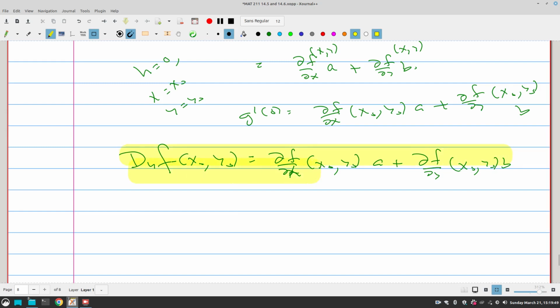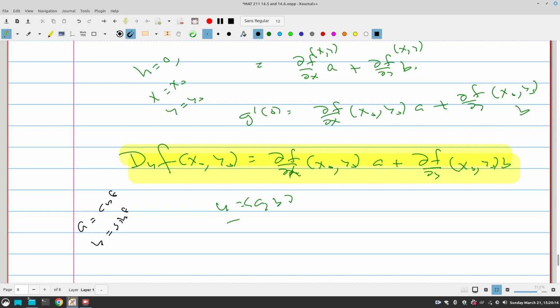And of course here u equals ⟨a, b⟩ is a unit vector. In particular, if you use a unit vector, then you could write a equals cosine theta and b equals sine theta, and you would get u to be a unit vector.